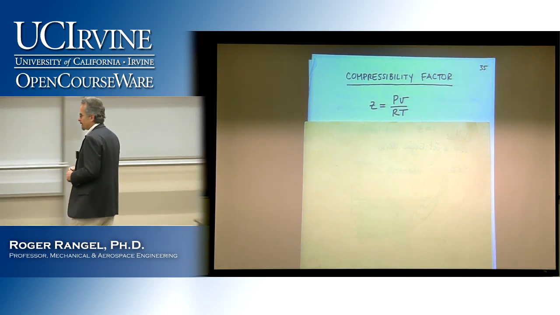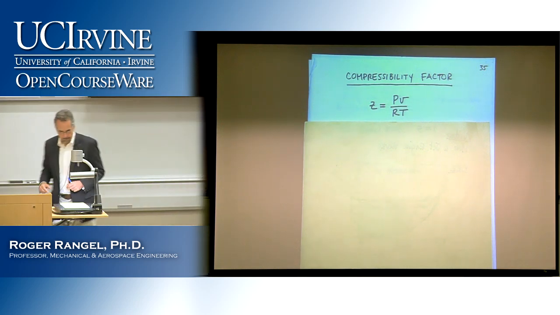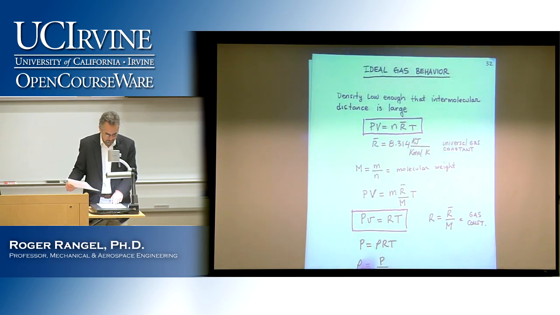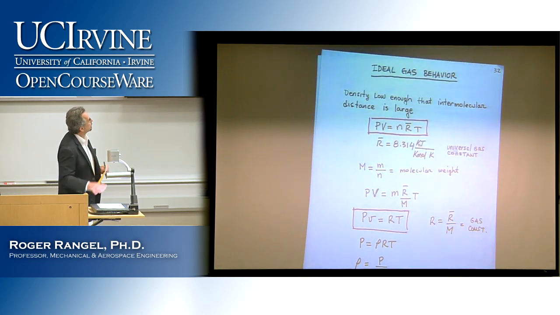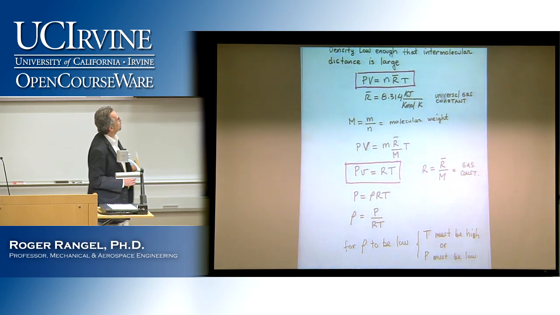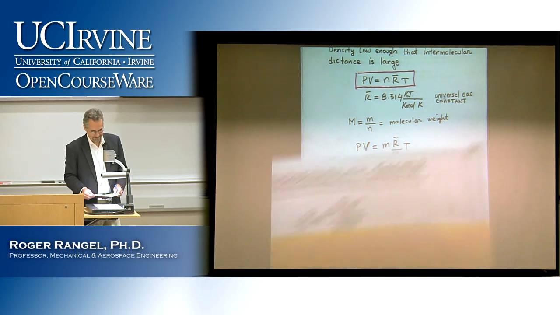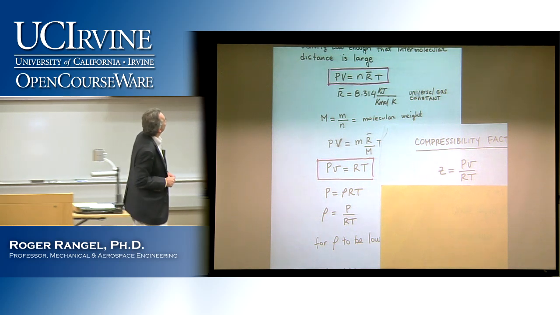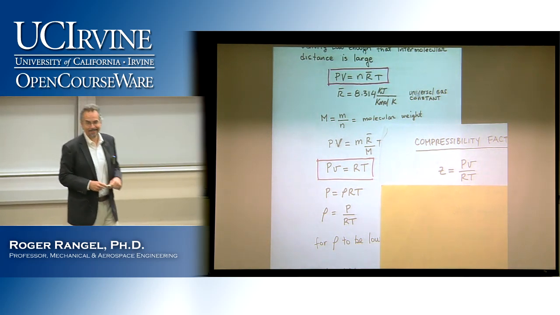No. Let's go back to the ideal gas law that he was asking about in the red box, in the second red box. PV equals RT. Compare that to this. There was no N there.